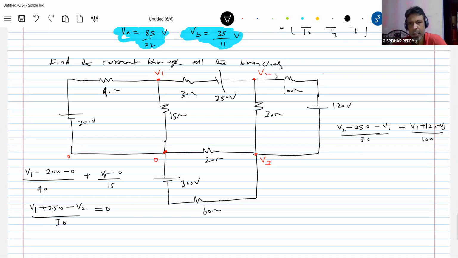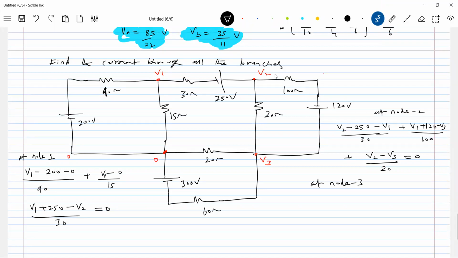Plus V2 minus V3 by 20 equal to 0. Let's write the node equations. This is at node 1, at node 2, at node 3.